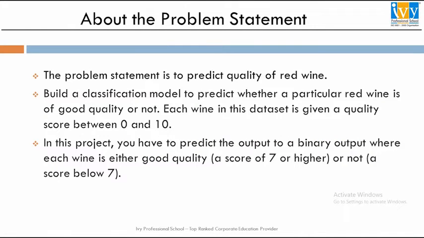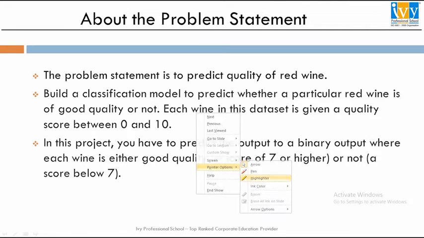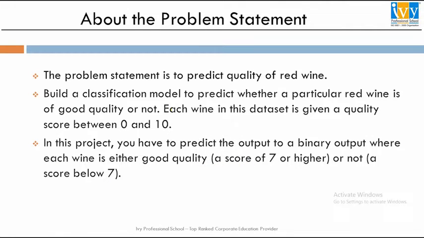Now our next slide is about the problem statement. Officially, the problem statement here is to predict quality of red wine. So we are going to build a classification model, and like I was saying before, we have followed a norm. Again, if I use a highlighter for you, each wine in this data set is given a quality score between 0 and 10.